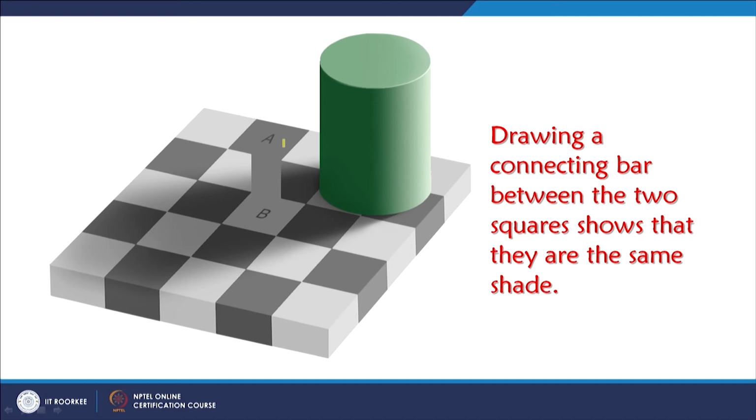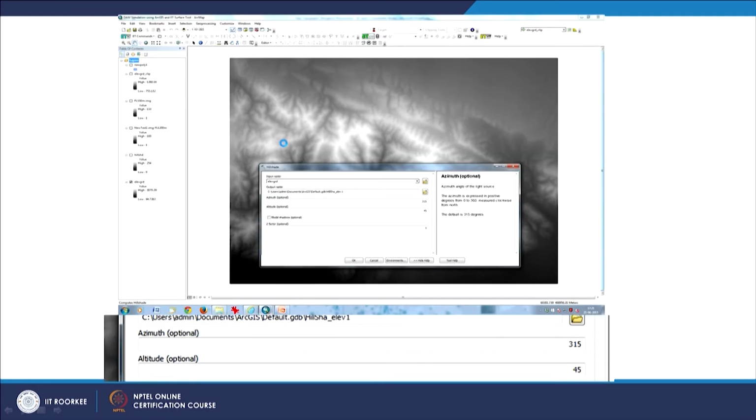However, the surroundings of the two squares are different, and therefore their appearance is completely different. This is why we gave this name, the false topographic perception phenomena, because the shadow is creating a completely different perception in our brain, and therefore we are seeing FTPP.